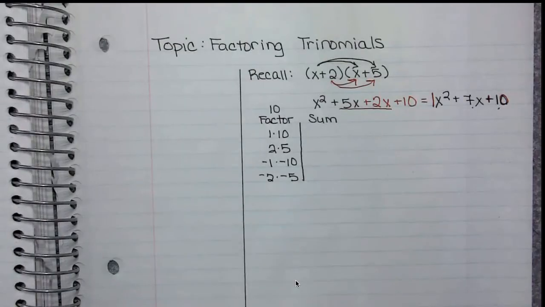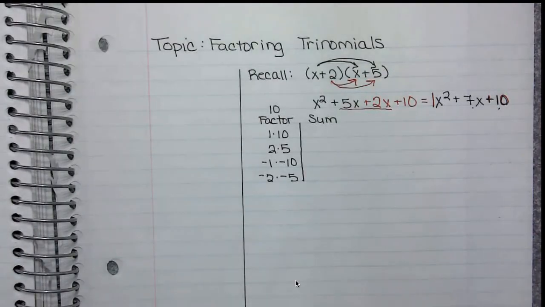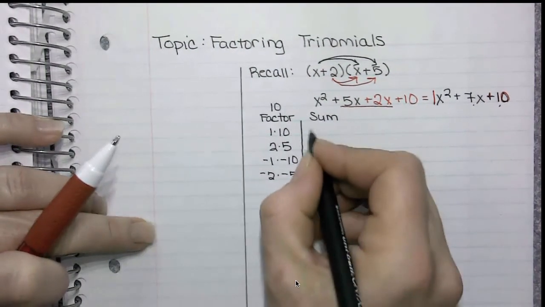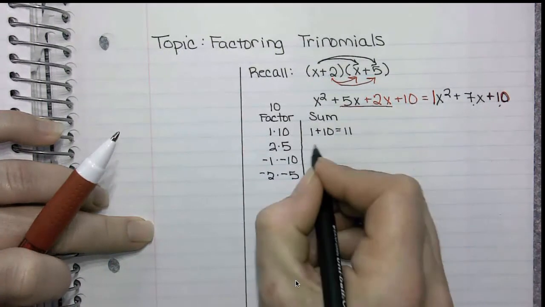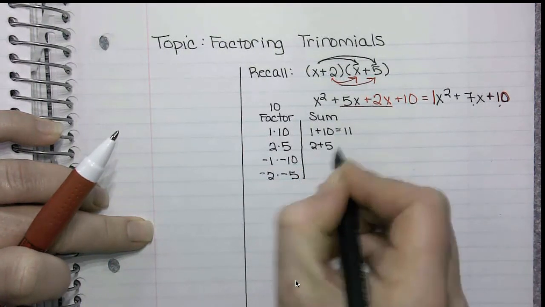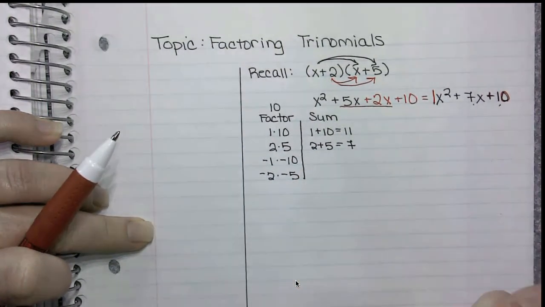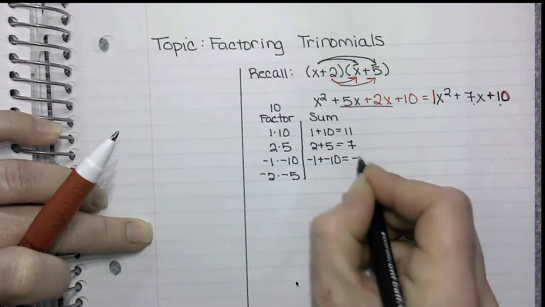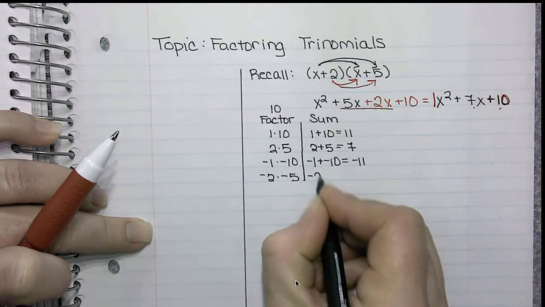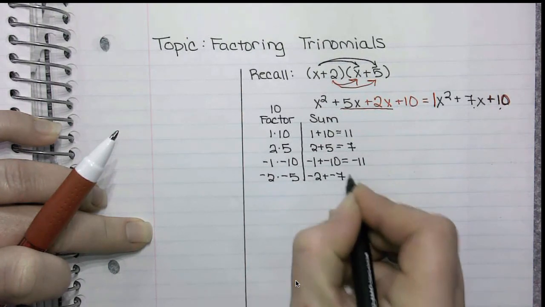As soon as we find the correct sum, we can stop. Then over here in my sum, I'm going to add those two things together. And I get 11, 7, negative 11, and negative 7.